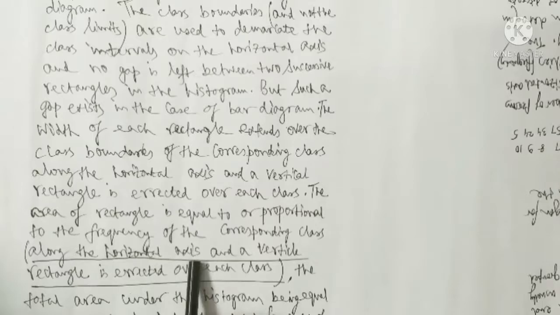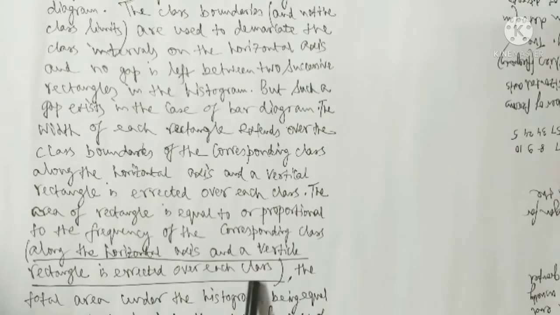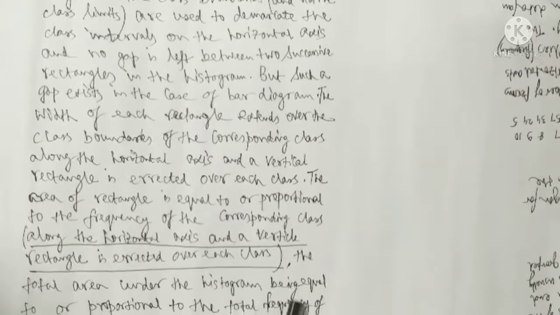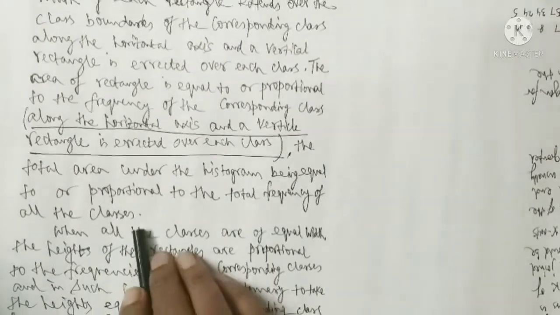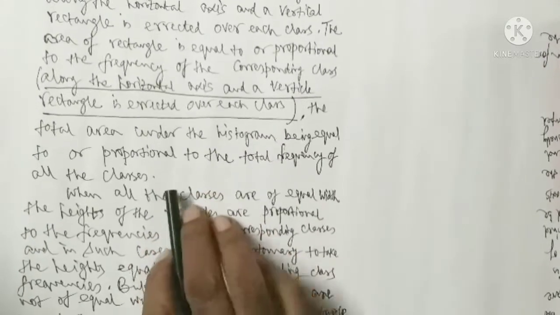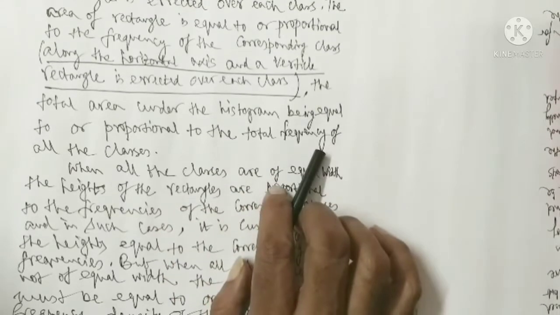The total area under the histogram is proportional to the total frequency of the classes. Proportional here means the rectangles are drawn according to size and according to frequency.